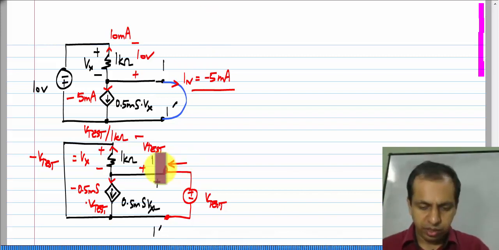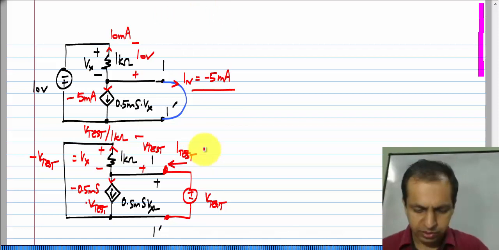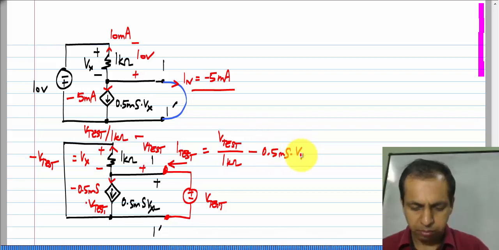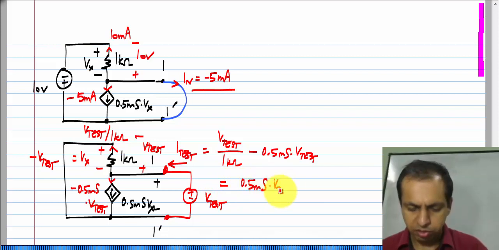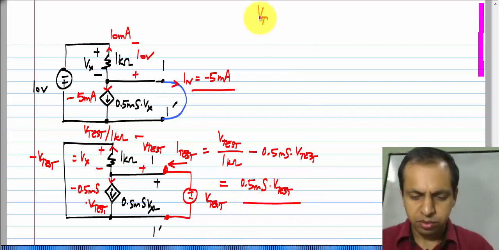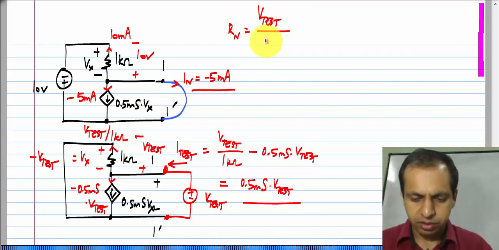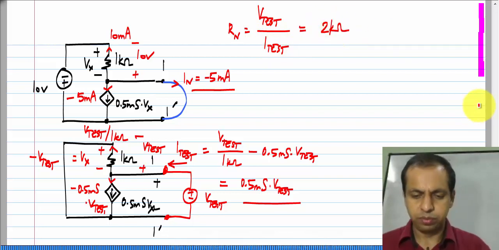So, the total current I test flowing that way is the sum of this and that one, which is V test by 1 kilo ohm minus 0.5 millisiemens times V test, which is equal to 0.5 millisiemens times V test. So, the ratio R n, which is the ratio of V test by I test, equals 2 kilo ohms.